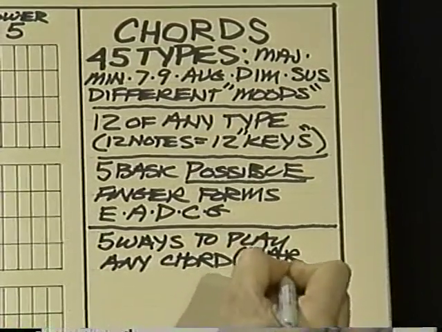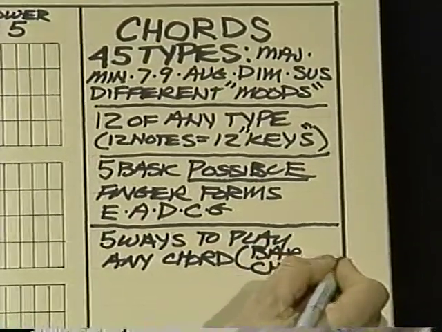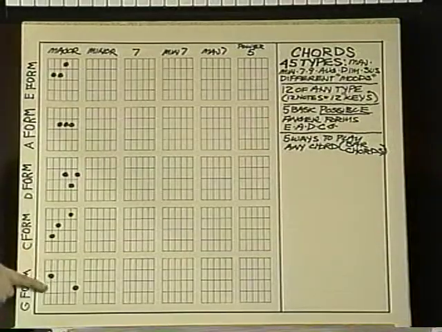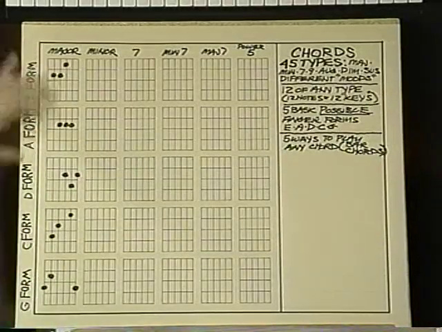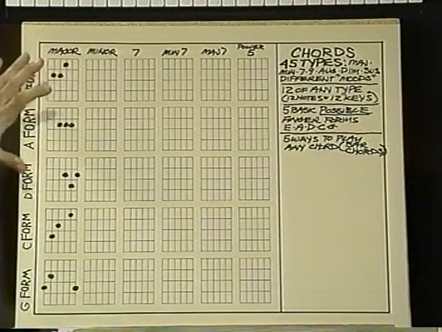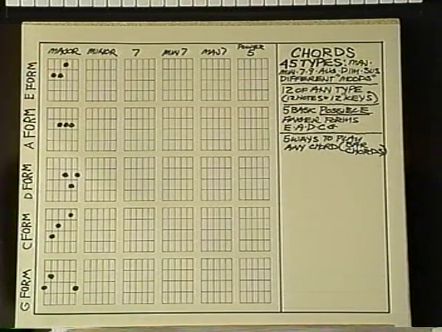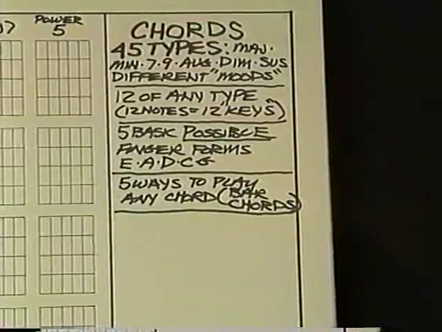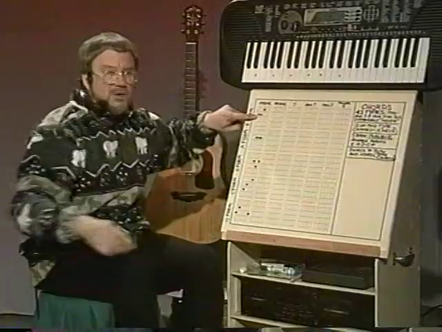And remember, all you're doing when you're playing a bar chord is using your bar finger to replace what the open strings would have played in these different open tuning chords down at the bottom of the neck. So there's 5 ways to play any chord. This is not the only way to play an E major chord.